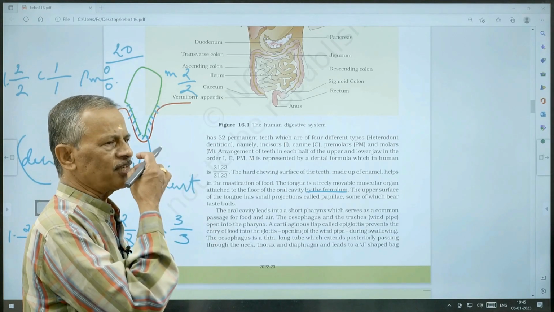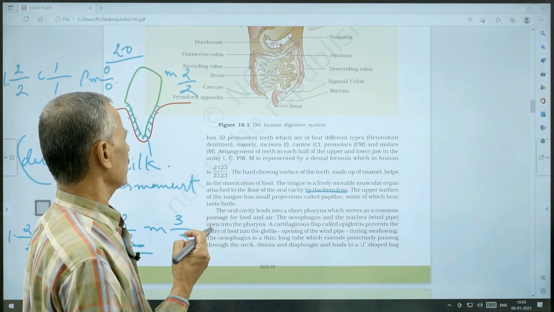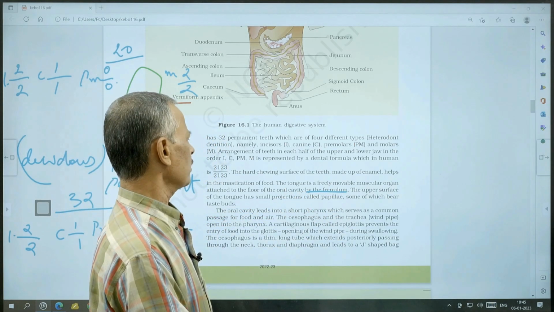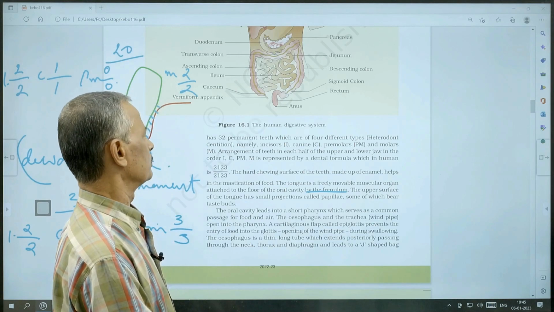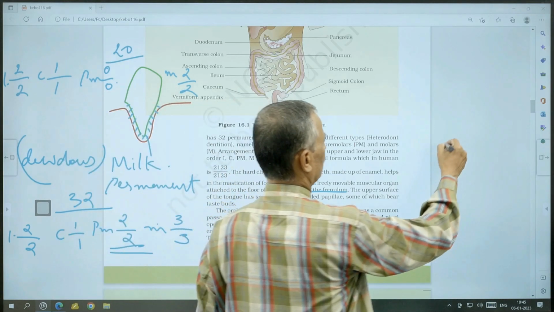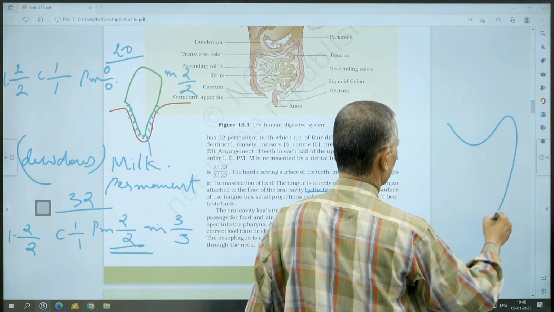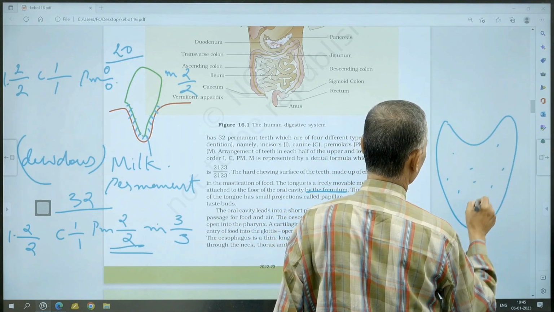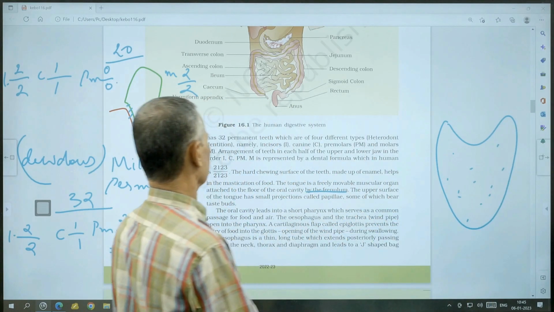It is connected to the floor of the buccal cavity by means of a fold called the frenulum. And on the surface of the tongue, you are having small projections. These projections are called papillae.